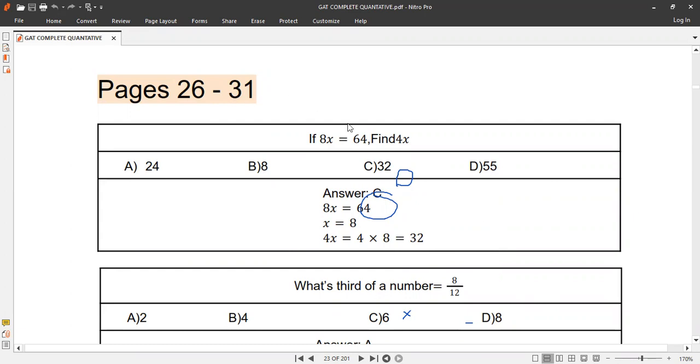I have 8 over 12, so I simplify by 4. It becomes 2 out of 3.